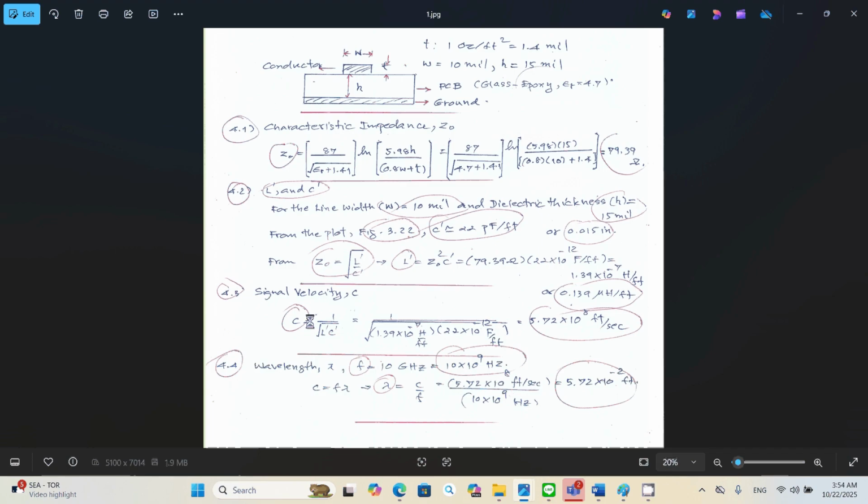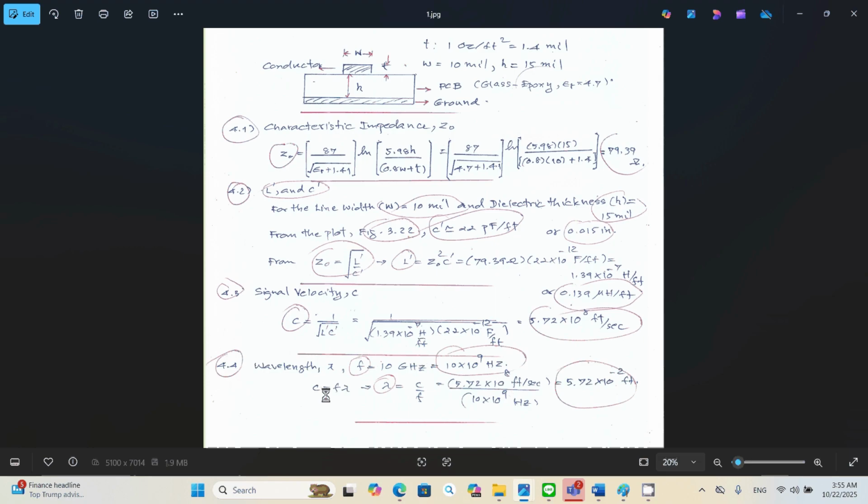4.3, signal velocity. You know that the signal velocity is related to L prime and C prime by this equation. You end up with the signal velocity of 5.72 times 10 to the 8th feet per second. 4.4, with the frequency 10 gigahertz, that's 10 to the 9th hertz.